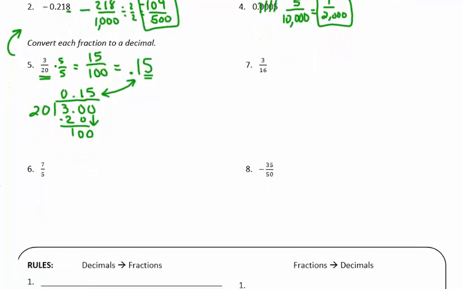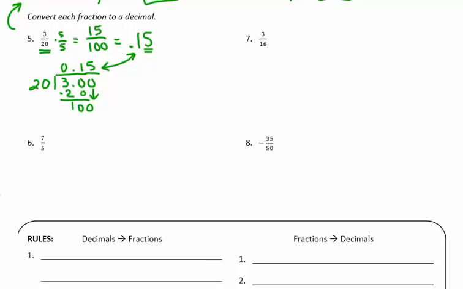Trying to get to a number of 10, 100, 1,000 does not always work. So this method here will always work no matter what the numbers are. Number 6, I know that 5 times 2 is 10. So I get 14 over 10, which if I make that into a mixed number, it's 1 4/10.